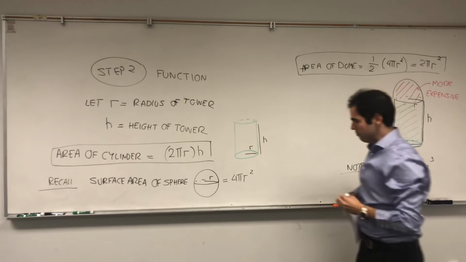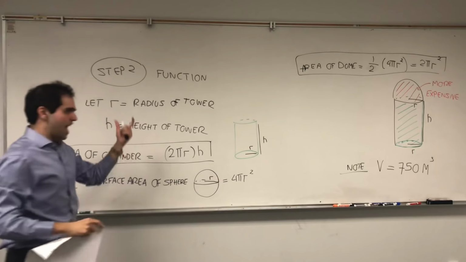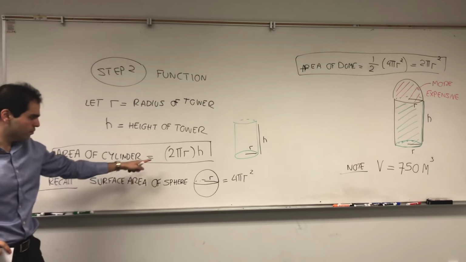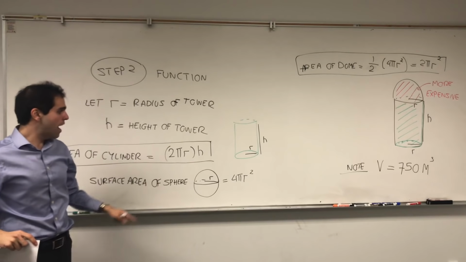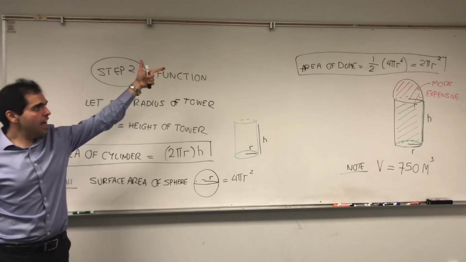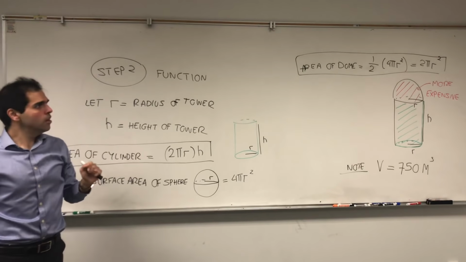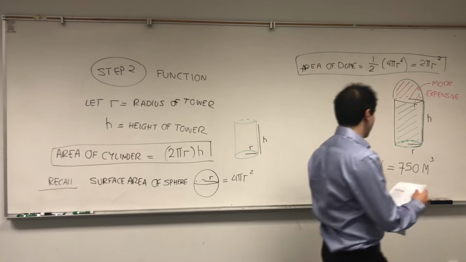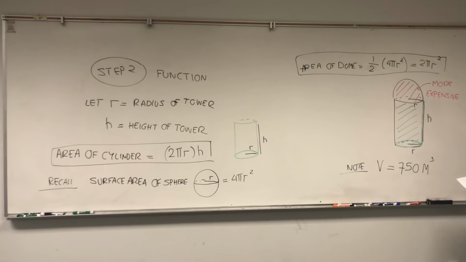Okay, so what do we have? We have the area of the tower, which is 2 pi r times h, and we have the area of the dome, which is 2 pi r squared. And of course then, you might think, okay, it's true that the surface area of the tower is this plus this.